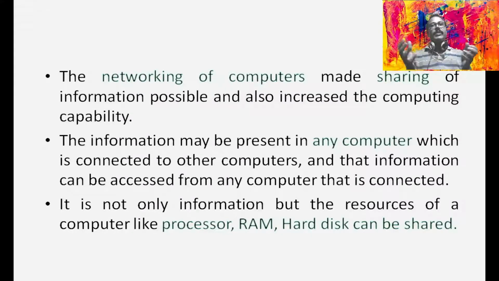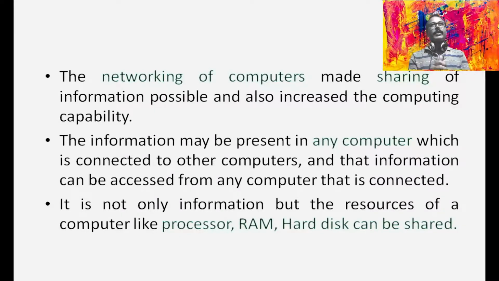So individuals can use the computers, but individuals can also share information easily by connecting those computers. The connecting of computers is called networking. You can connect using cables, using wires, and you can also connect using wireless transmission, without using wires.